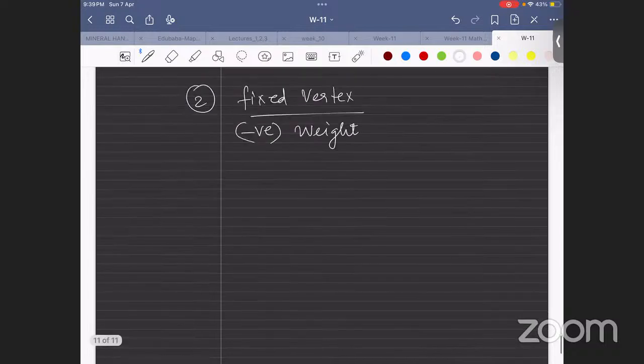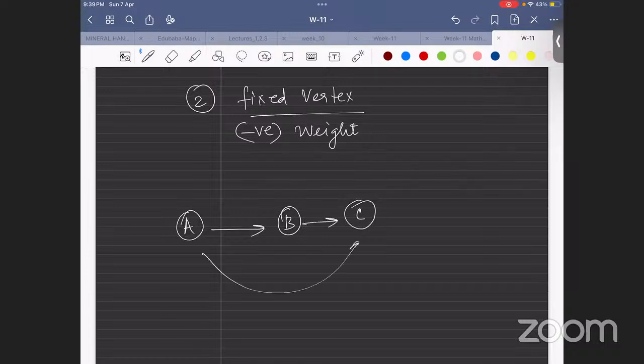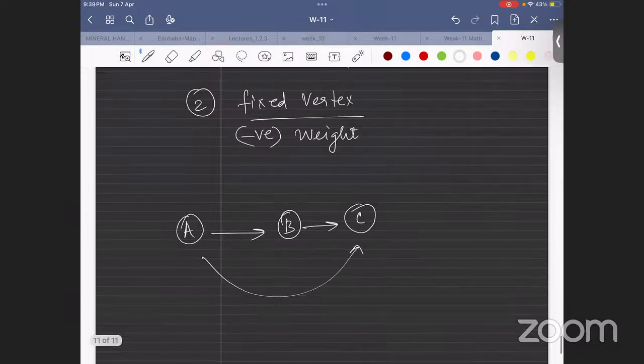See, you can take an example. Let's say you have a graph with A, B, C. I have to calculate the shortest path from A, which I have fixed: from A to B, and then A to C. Let's say this edge takes 20 minutes, this takes 10 minutes, and this is 40 minutes.